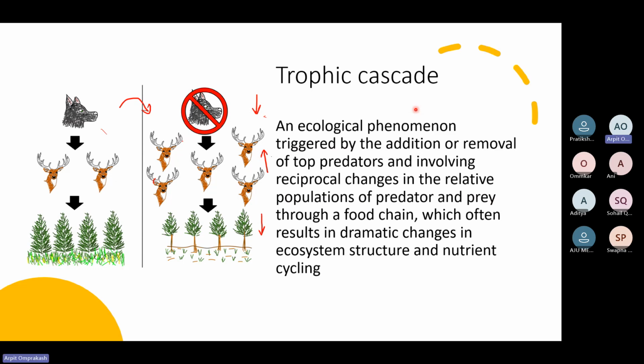So they started introducing wolves. Slowly the deer population started decreasing, and after some time the deer started avoiding certain areas. That gave way to a niche for other organisms such as bears and other herbivores to come and stay there. That led to higher biodiversity and eventually changed the course of the river passing through it. So a trophic cascade is that ecological phenomenon triggered by removal or addition of a top predator, and it affects all trophic levels.